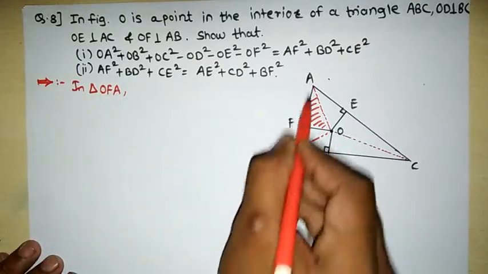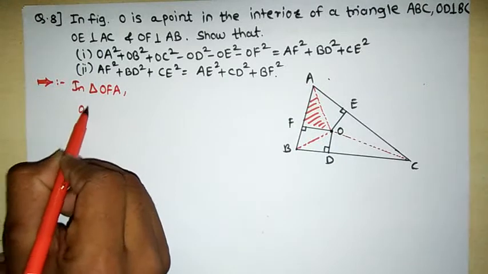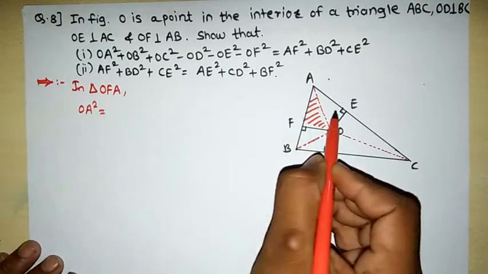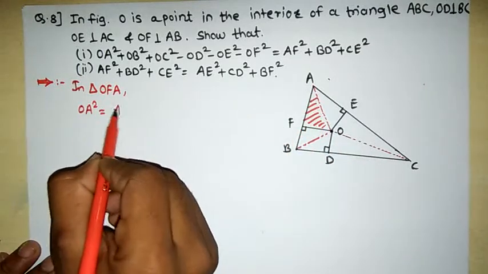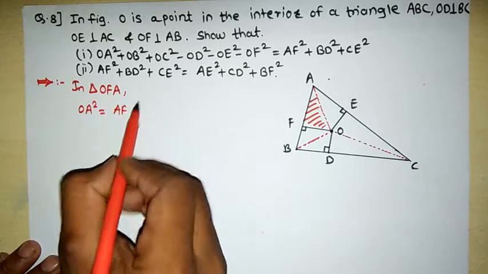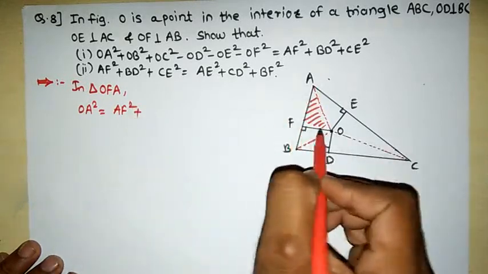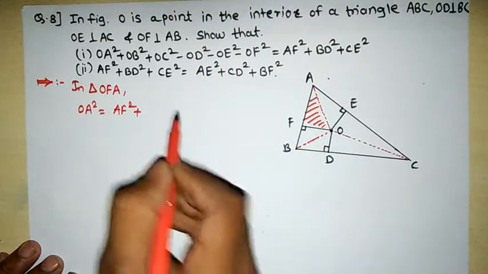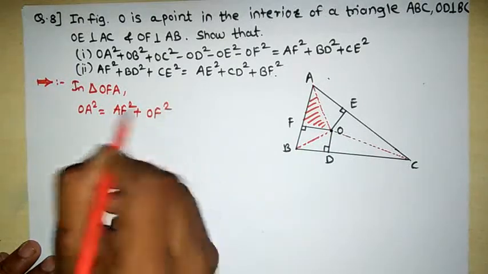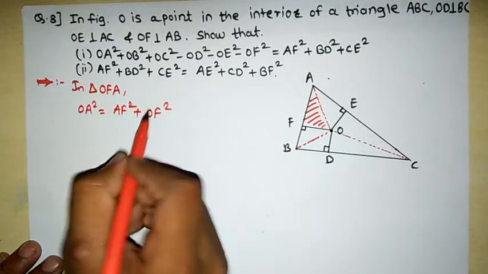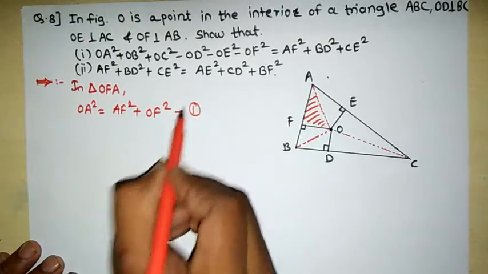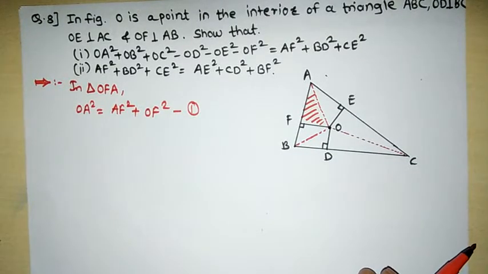In triangle OFA, OA square is equal to AF square plus OF square, and mark it as equation number 1.